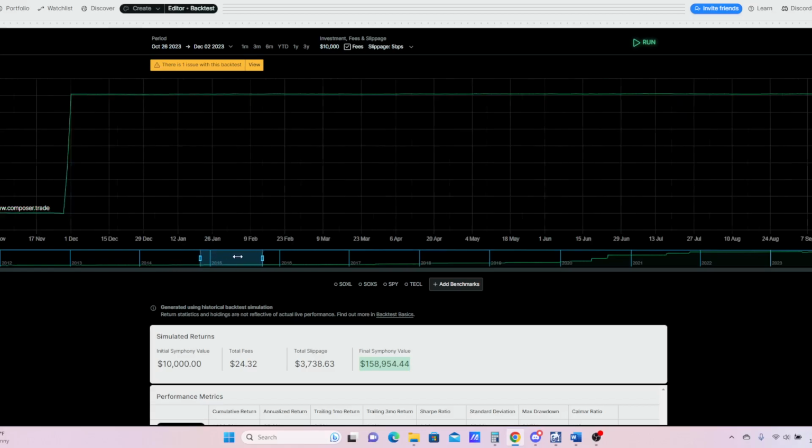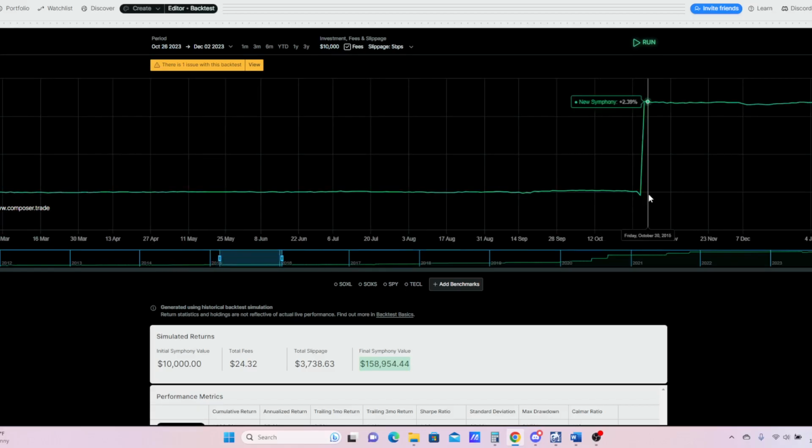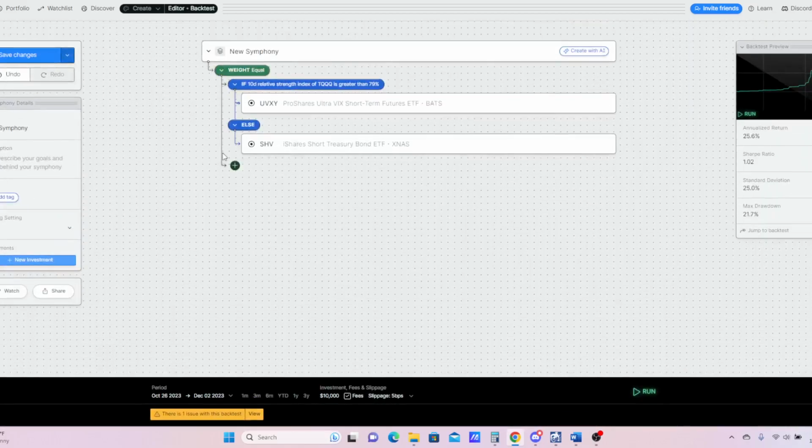If you put them on top of each other, UVXY and SOXS, what's it look like? Versus SQQQ. Can you put all three of them on one symphony? So SQQQ, UVXY, and SOXS. Yeah, here, let's try that. UVXY test. We'll save that.